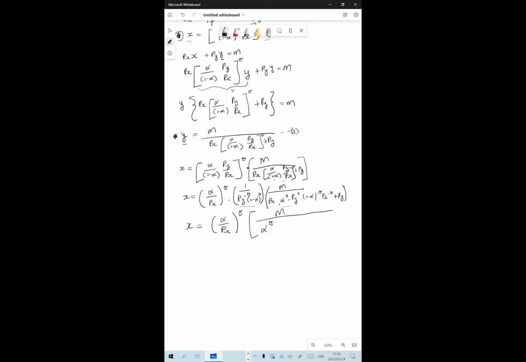We've got px, the price of x to the 1, and here's another one, so it'll be price of x to the 1 minus sigma. Price of y will cancel out, 1 minus alpha will also cancel out, so that's fine. And this side we've got 1 minus alpha to the sigma, price of y to the 1. We've got 1 here, so it'll be price of y to the 1 minus sigma.